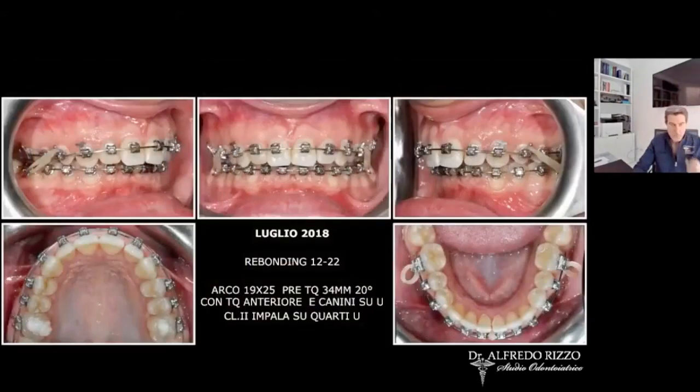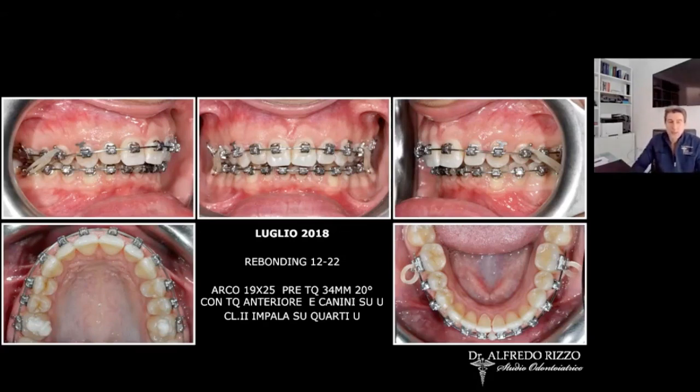These are the photographs throughout the treatment so that we can see the exposure of the incisors in the smile as well as the exposure of the gingiva and to appreciate the profile of the patient. In July, we have rebonded 1.2 through 2.2 in order to improve their position.